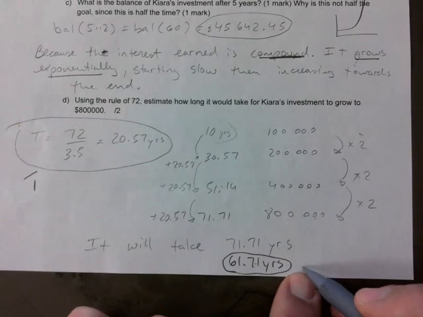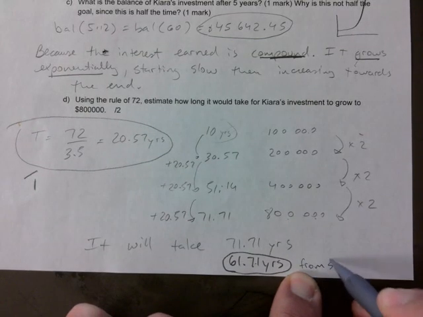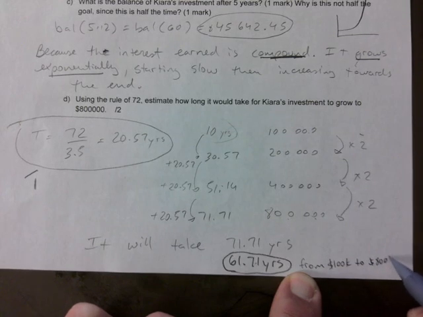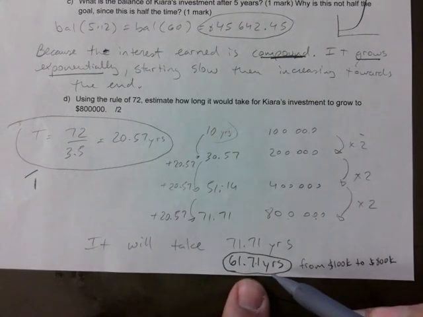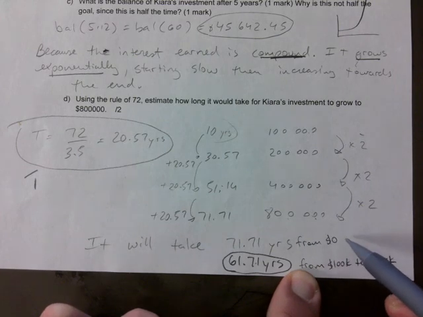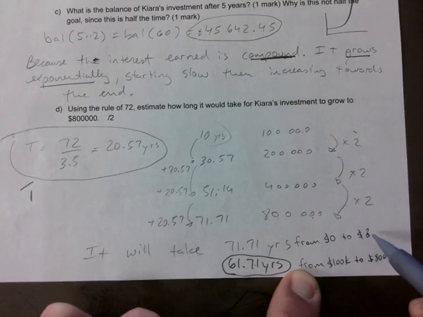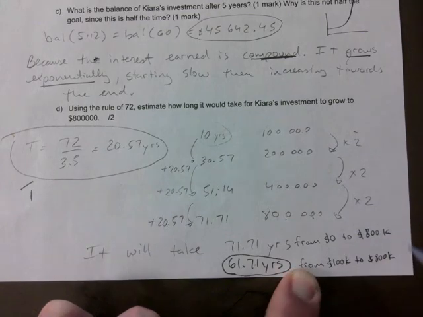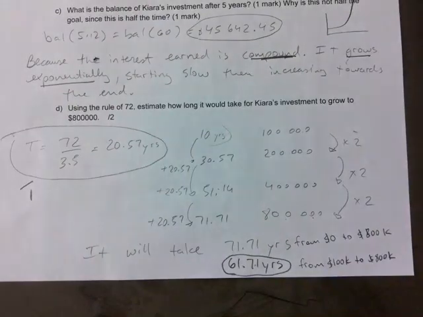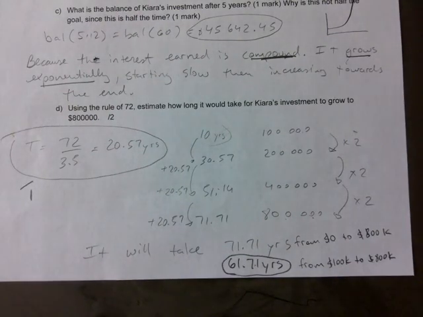So this is from 100K to 800K. This part right here is from 0 to 800K. So if you have 61 or 71, I will accept them both in this case. So that'll be your other mark there.